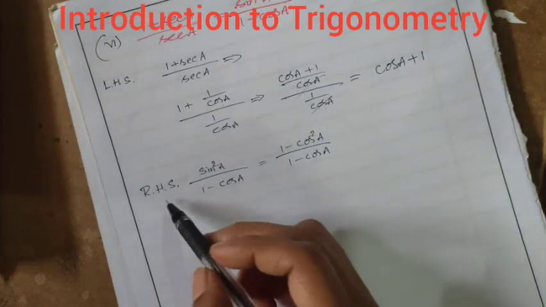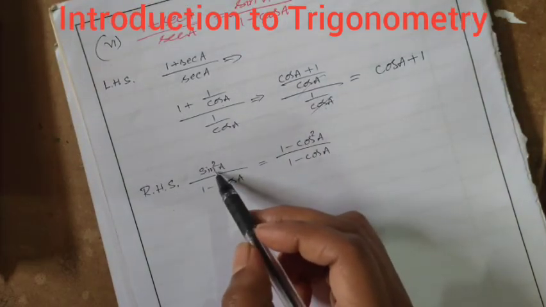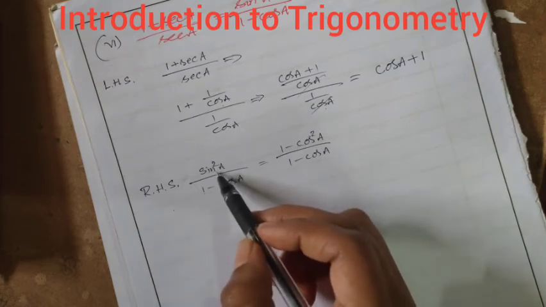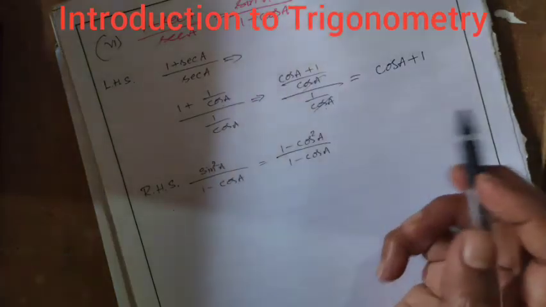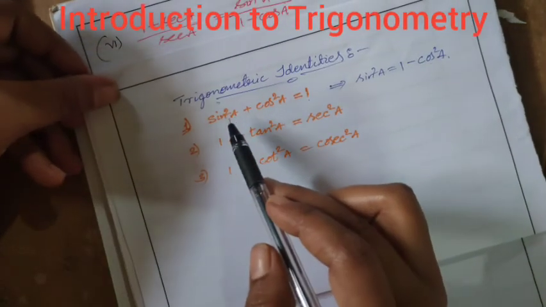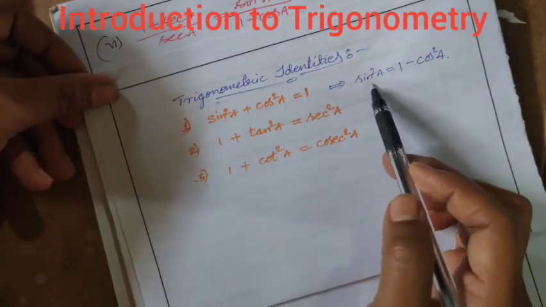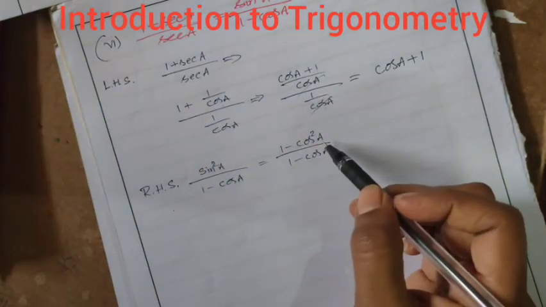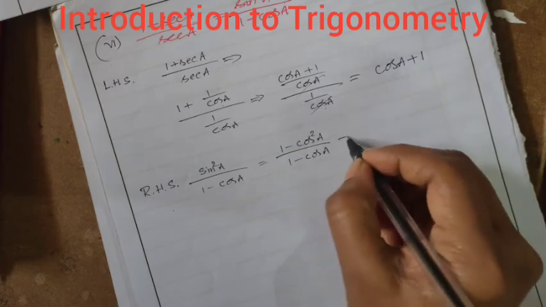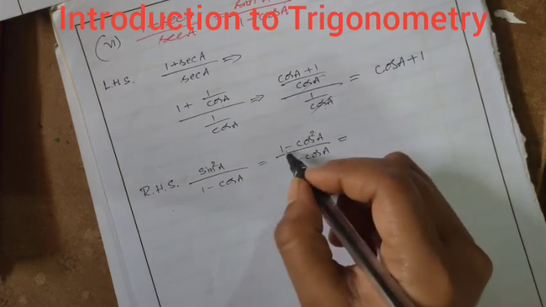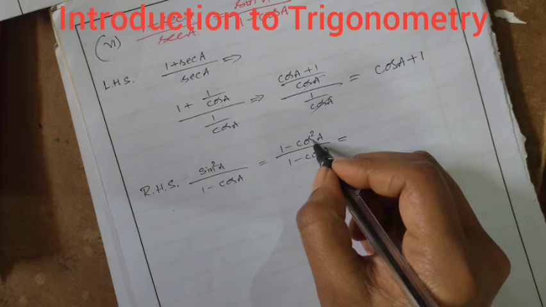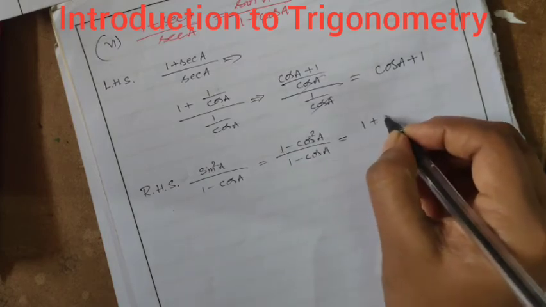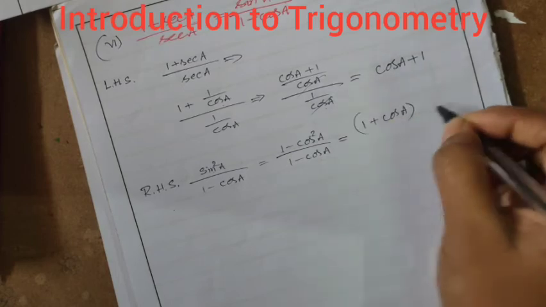Similarly, I take RHS separately. RHS is sin square A divided by 1 minus cos A. Sin square A can be written as 1 minus cos square A by using the first identity. Now this is in the form of a square minus b square, which is (a plus b) into (a minus b).